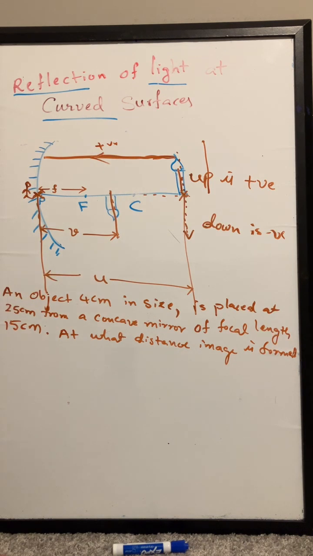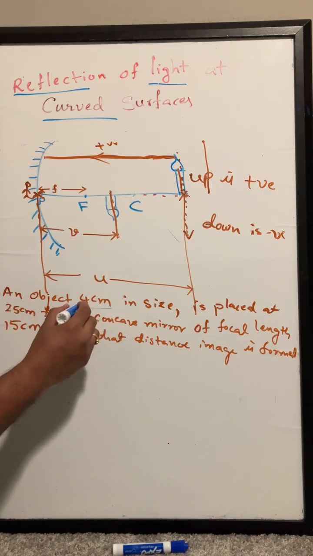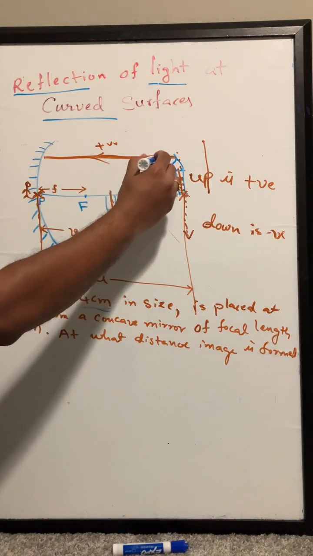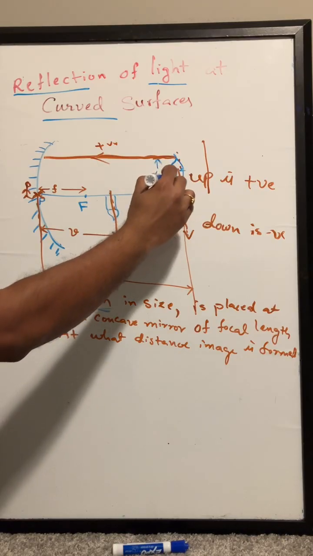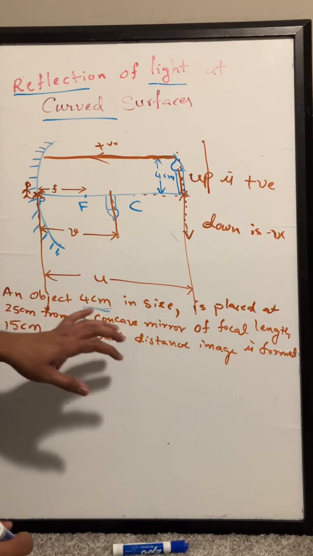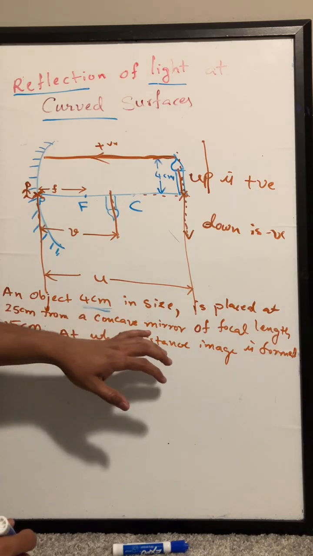If you look at this problem, it mentions that an object is placed, 4 centimeters in size. Let's take that object as a candle here. So the height of this is 4 centimeters, and it is placed at a distance of 25 centimeters from a concave mirror.